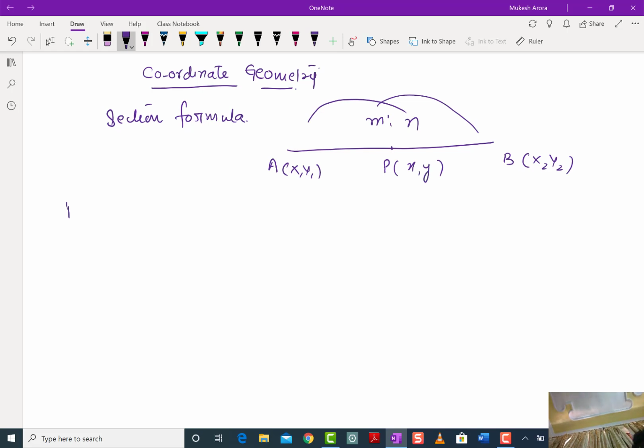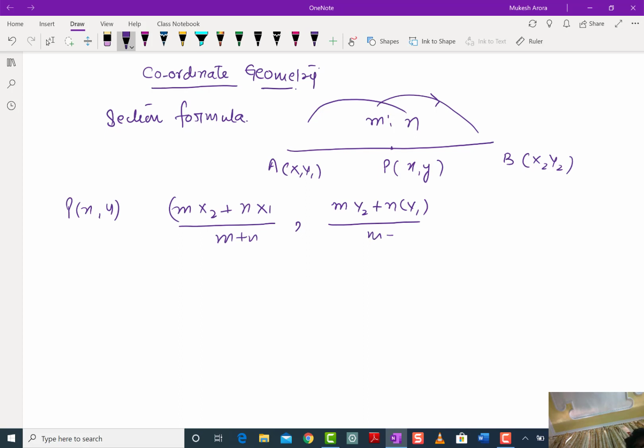The coordinates of P will be (m x2 + n x1)/(m + n), comma, (m y2 + n y1)/(m + n). This is how we are able to find these two points.